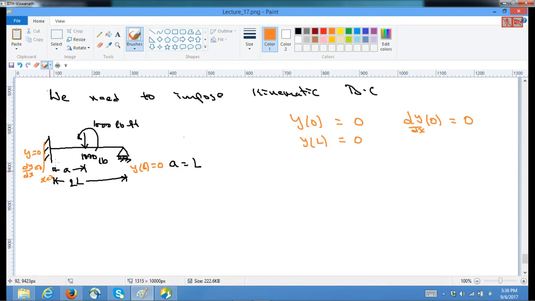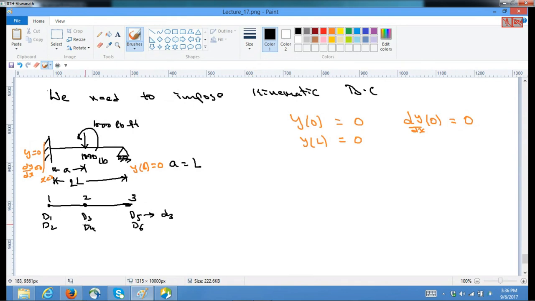But we know that this has been discretized into, so this is d1, d2, d3, d4, d5, d6. d5 is nothing but d3. This is node 3, node 2, node 1.